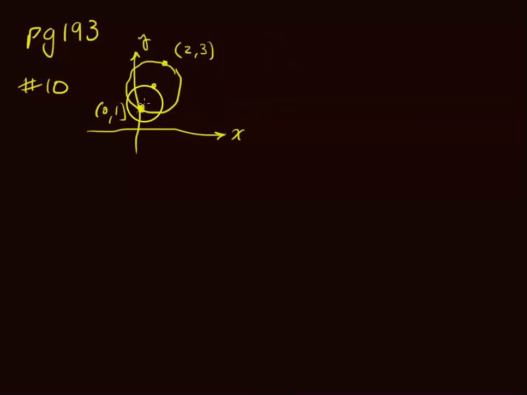So how do you find this center? Well, from the point 0, 1 to 2, 3, because this is on a diameter, we have to assume the center is going to be the midpoint.